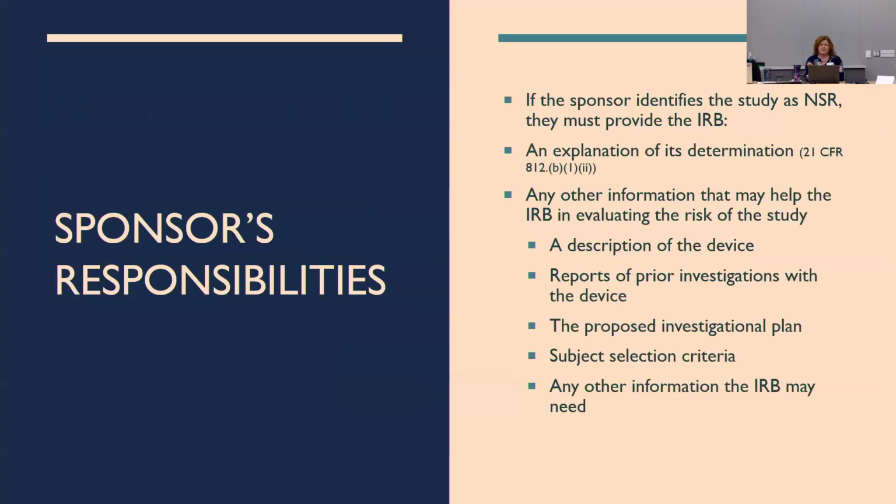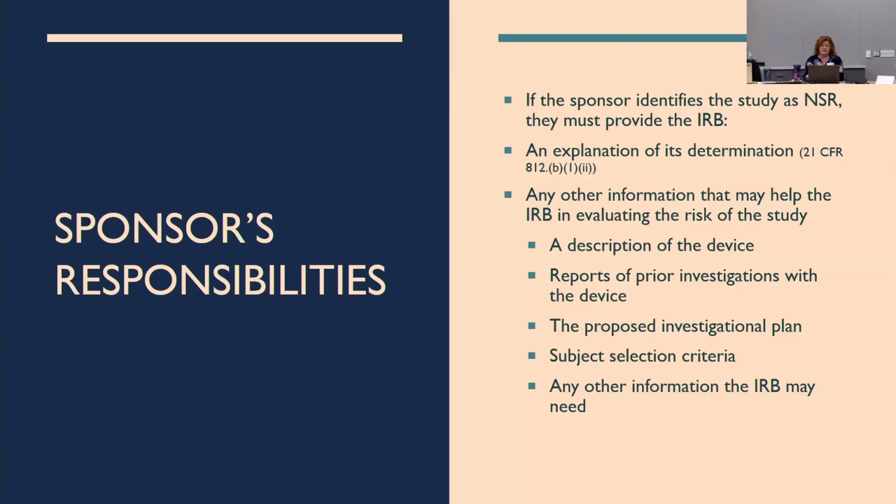So let's go through again the regulations that surround the sponsor responsibilities. Let's say that the sponsor is justifying a non-significant risk device rather than significant risk, because usually that's what we see is the justification that it's not significant risk.